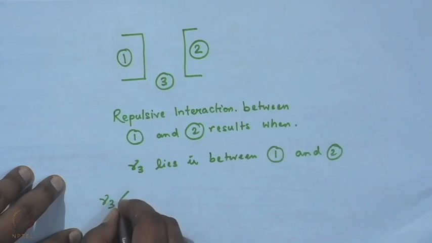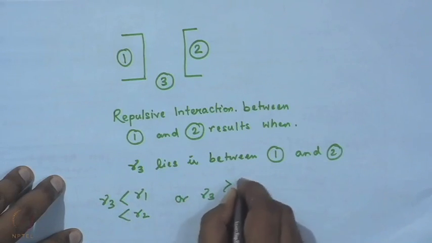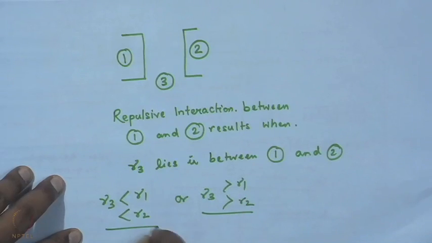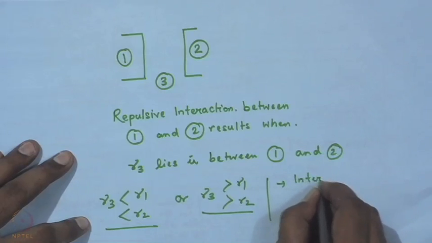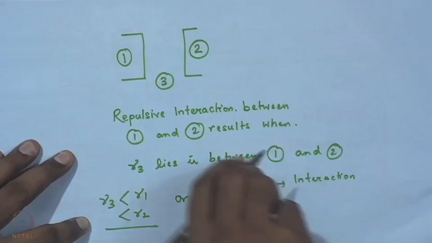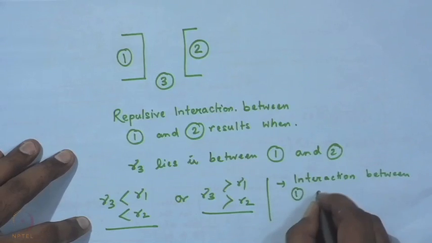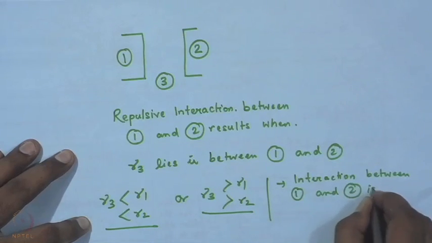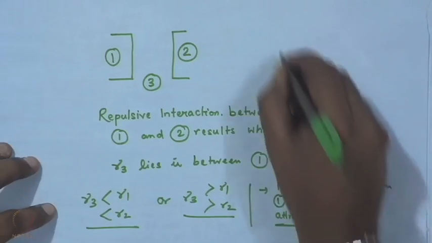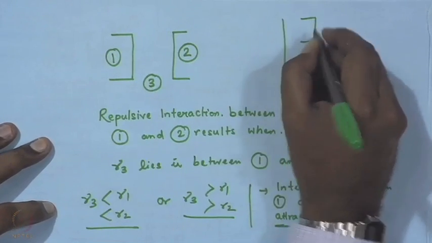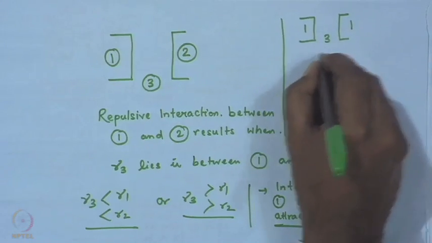If gamma 3 is less than both gamma 1 and gamma 2, or gamma 3 is greater than both gamma 1 and gamma 2, then of course, the interaction between 1 and 2 is attractive. One can also explain in this way that this interaction, irrespective of the magnitude of 1 and 3, will always be attractive.